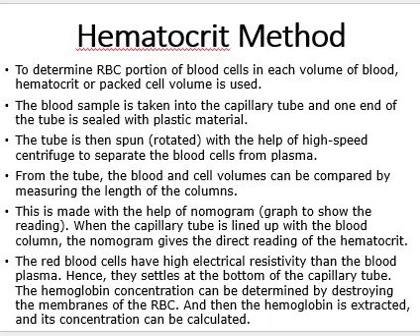HCT calculates the percentage of RBC in our blood, that is red blood corpuscles, also called erythrocytes. As given in the first point, to determine the RBC portion of blood cells in each volume of blood, hematocrit or packed cell volume is used.